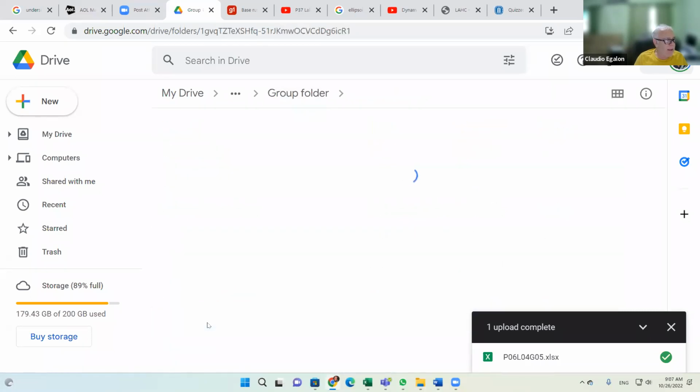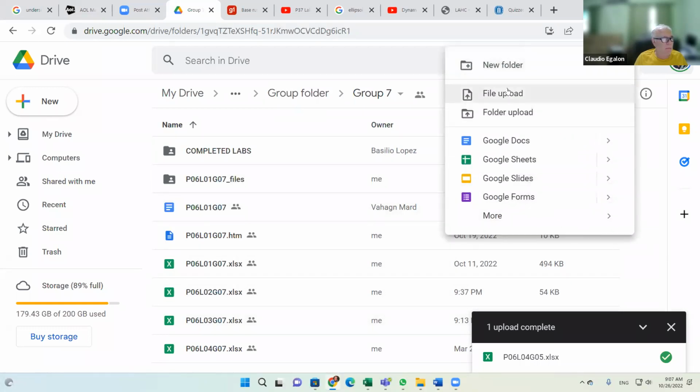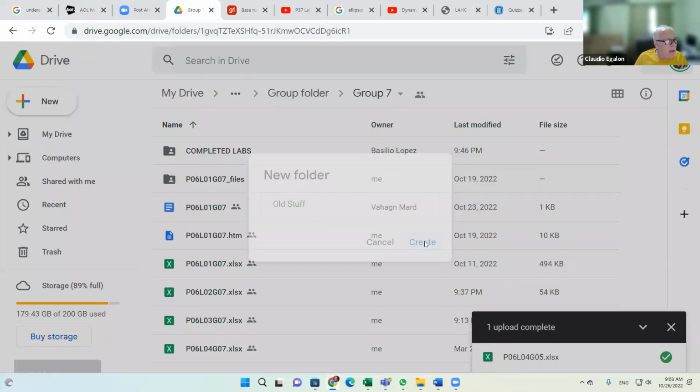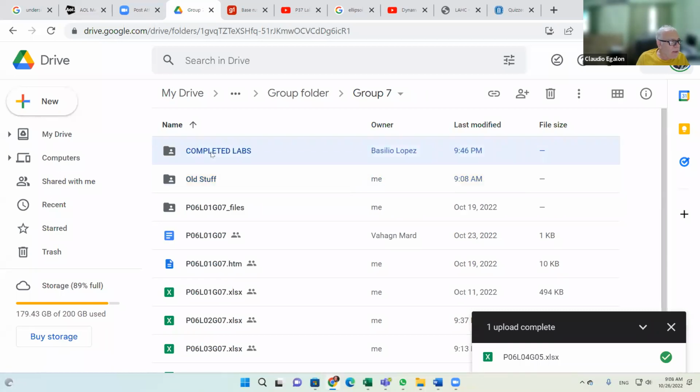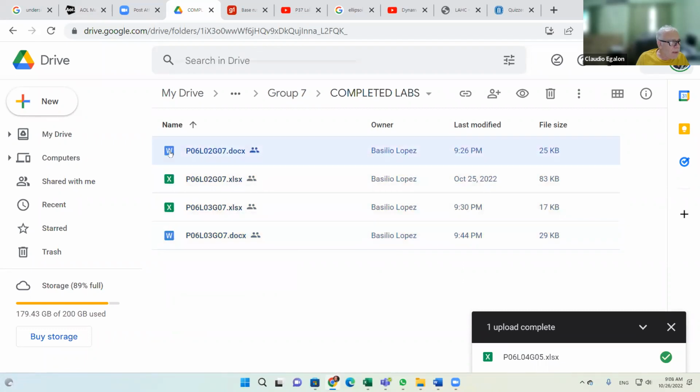Let's go for group 7. And again, I'm going to put old stuff, right? Yes, old stuff. In the completed folder. Don't put in the completed folder, okay, Basilio? It's easier for me to, let's see, I'm gonna move to the original place.